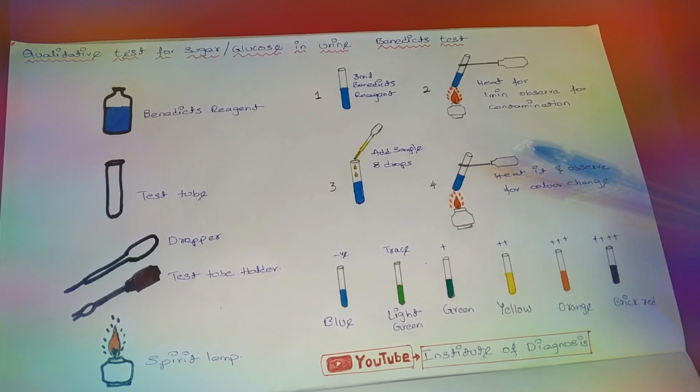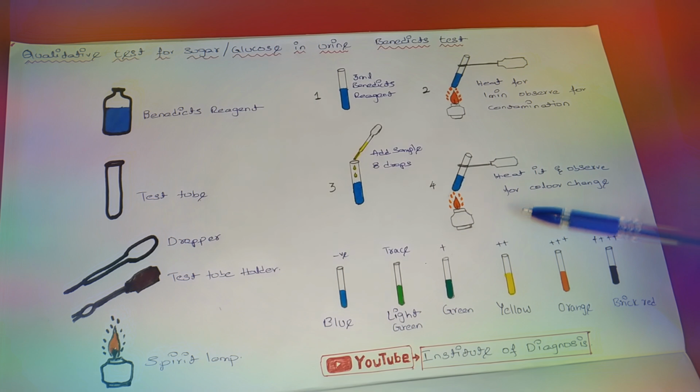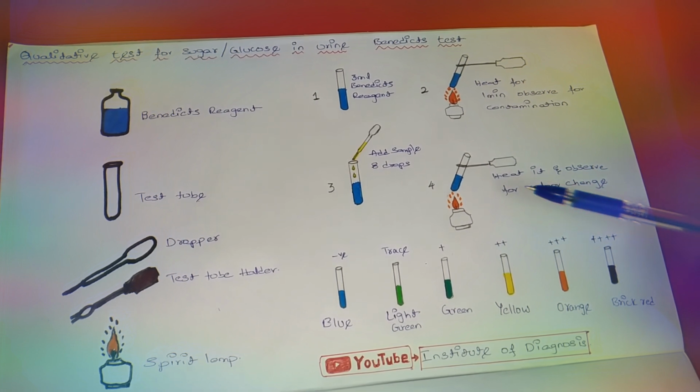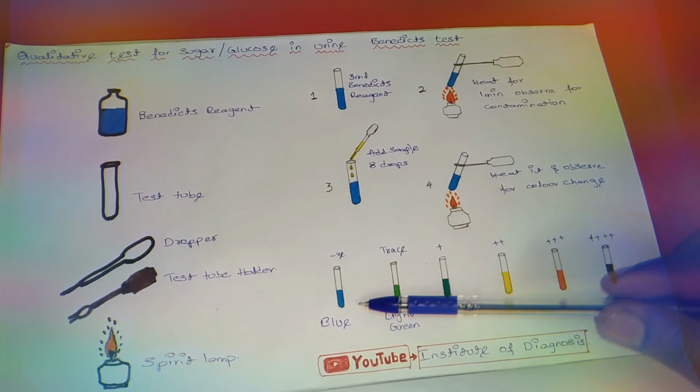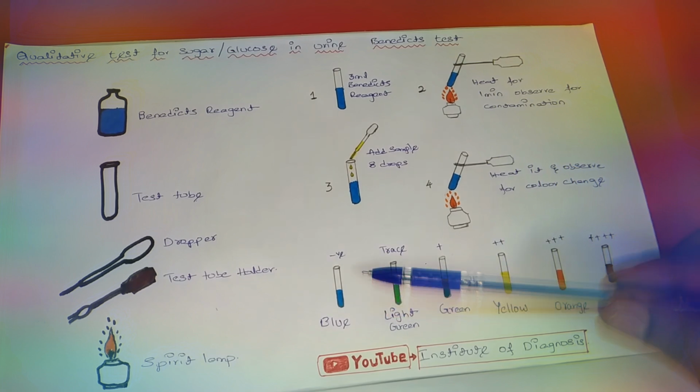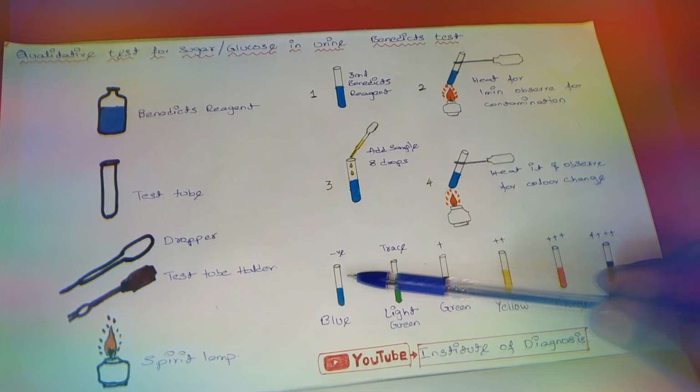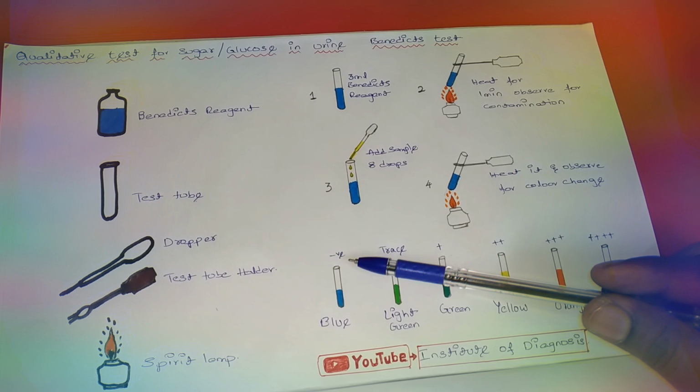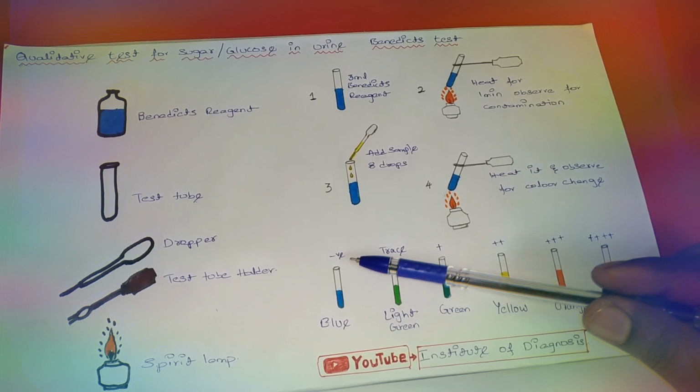Then mix it again and heat it on the spirit lamp and observe for the colors. If the color remains blue, that means the sample is not having any amount of glucose, then you can report it as negative.